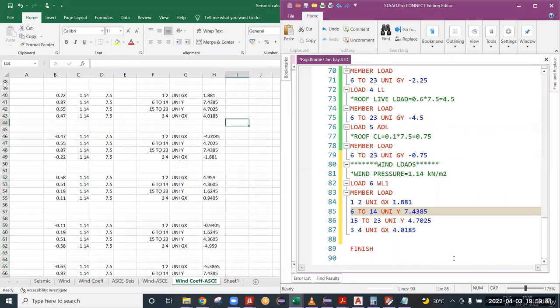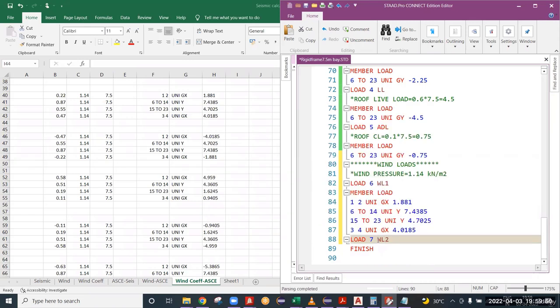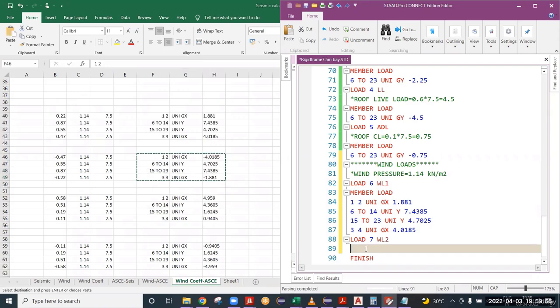We'll see. So load case 1 is applied like this. Now load 7, wind load 2. I'm copying these things here. This is load case 2.